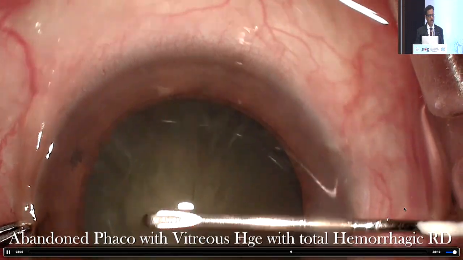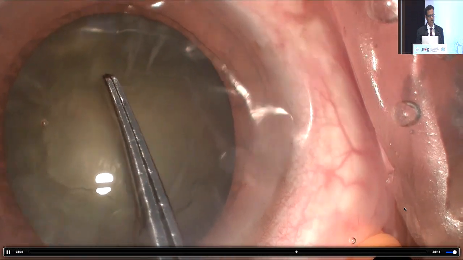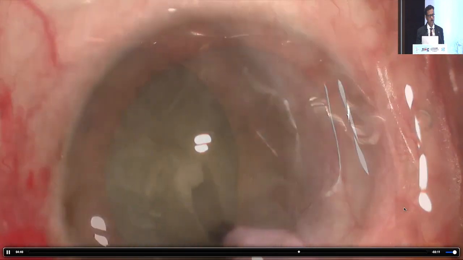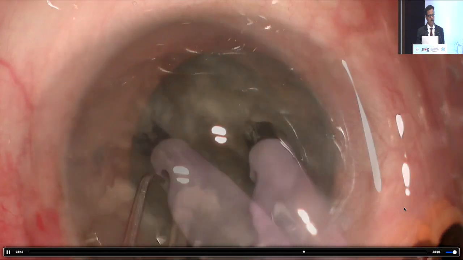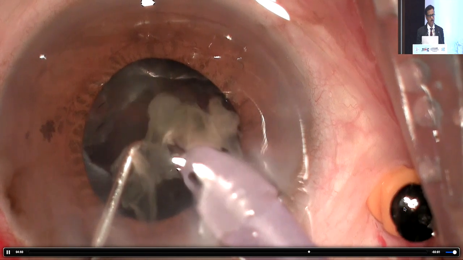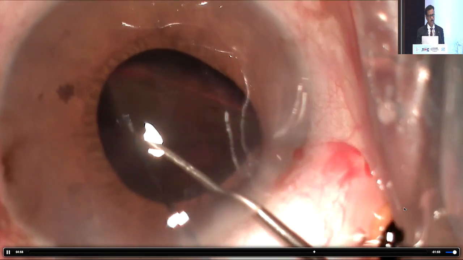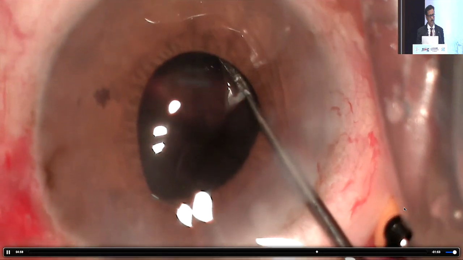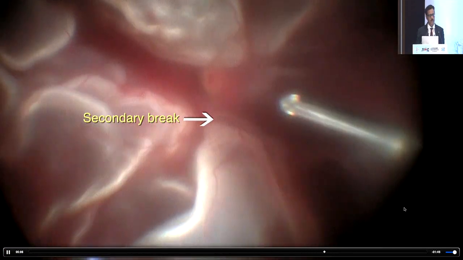This was an abandoned case of phacoemulsification, presumed to be a case of globe perforation. Capsulolysis completed under no glow situation. Phacoemulsification completed and IOL was implanted in the bag. After removing the vitreous hemorrhage, hemorrhagic retinal detachment was detected, and a posterior pole slit-like secondary break with macular extension found.